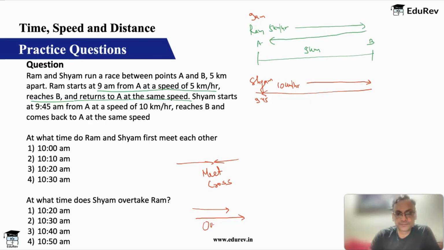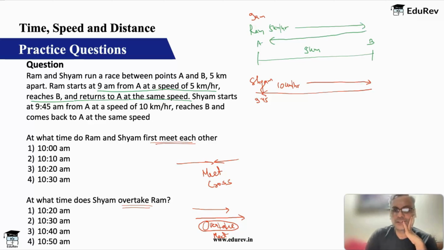So when we say overtake, it means they're running in the same direction. Whereas when they meet each other, this can be same direction, opposite direction. So here also we can call meet. Meet doesn't mean anything, cross also doesn't mean anything, but overtake is very clear. You overtake a car, you overtake a bike, you overtake someone. You always overtake from behind. So let's look at this question.